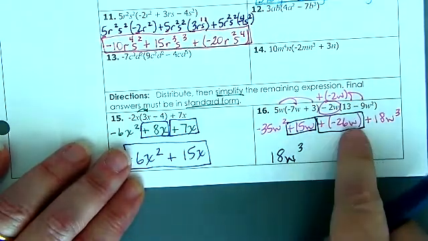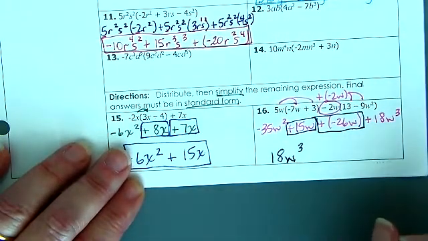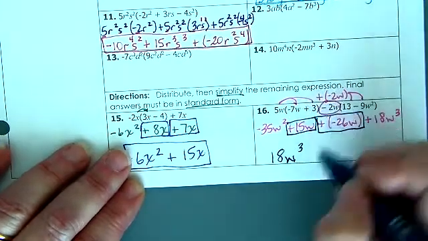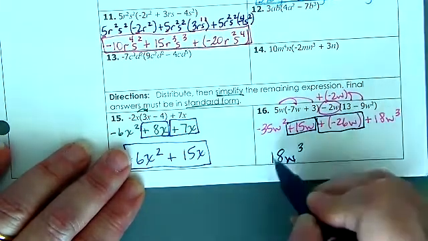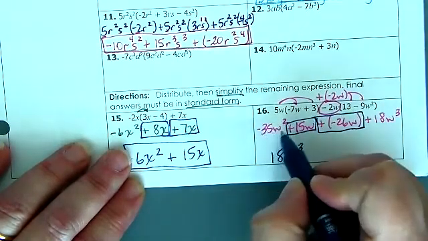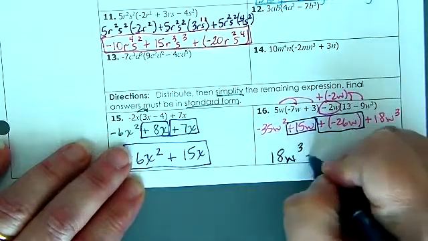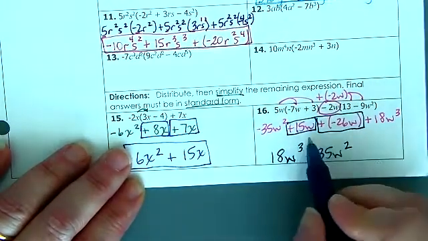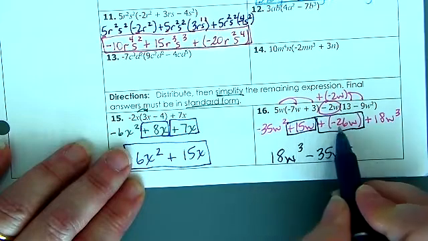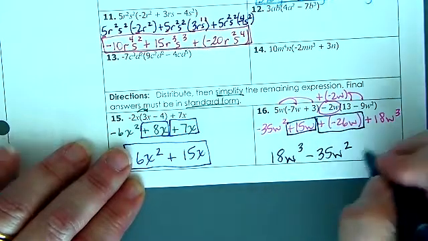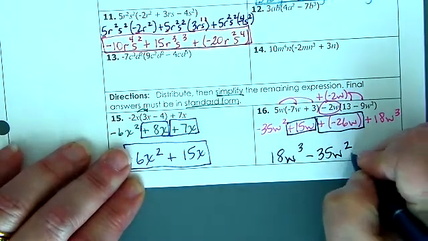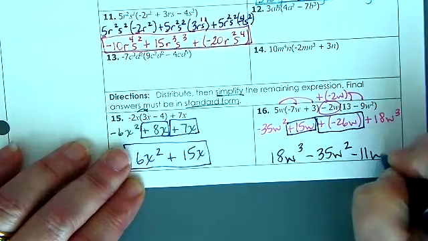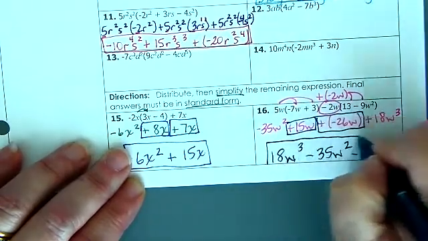So I'm going to combine my like terms and rewrite it in the correct order at the same time. 18W cubed, that's a positive, so I keep it a positive. The 35W squared is a negative, so I write that as minus 35W squared. And then I'm looking at my math here. So 15 negative 27, that means I'm going to subtract, and I end up with a negative 11W as the final answer.